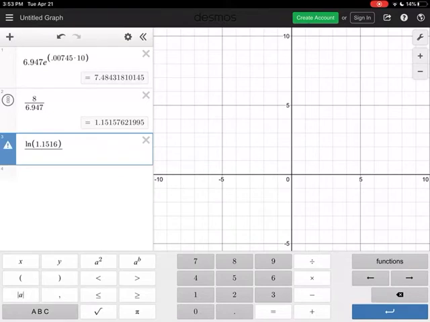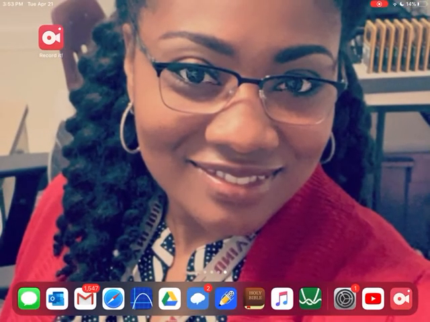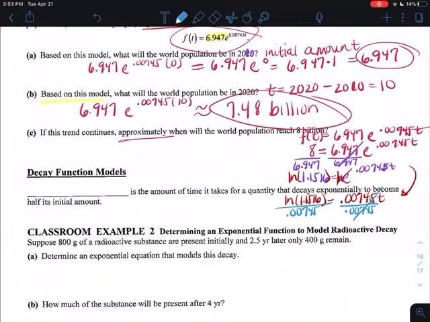And then I'm dividing that whole thing by that decimal 0.00745. And so that would be, I'm going to go ahead and round this up because we're talking about a number of years, t is 18.9, which rounds up to about 20 years.